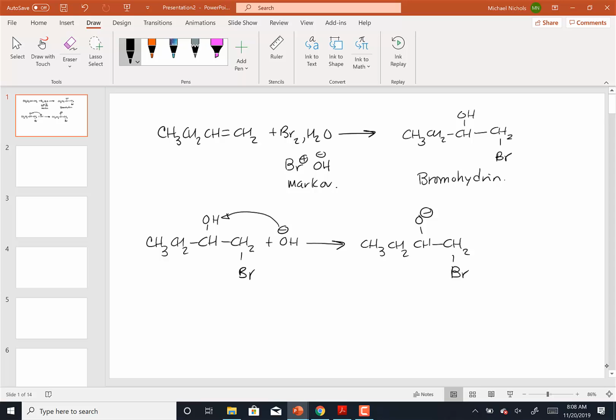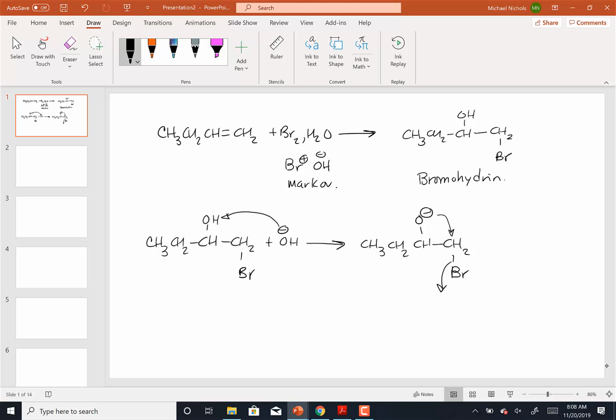Now this molecule, because the bromine and the OH group added trans, is perfectly set up to do an intramolecular, meaning within the same molecule, SN2. The O minus is going to attack the backside of the CH2 and kick off the bromine.